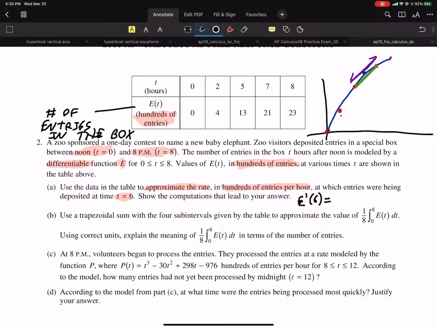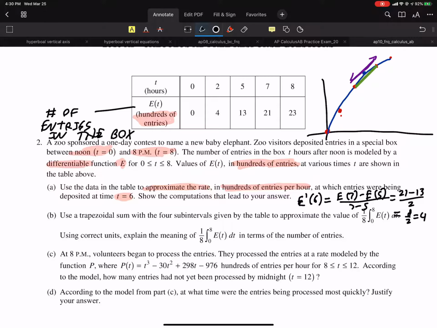And that's going to be E of 7 minus E of 5 over 7 minus 5, which is 21 minus 13 over 2, which is 8 over 2, or 4.